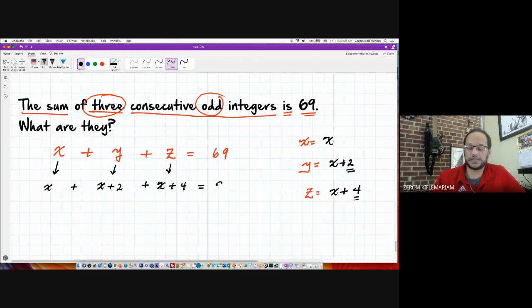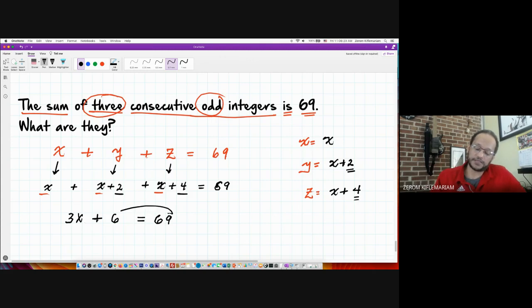Altogether, 69. So let's go ahead, combine like terms, x, it would be 3x. And then we have 2 and 4 altogether would be 6 is equal to 69.